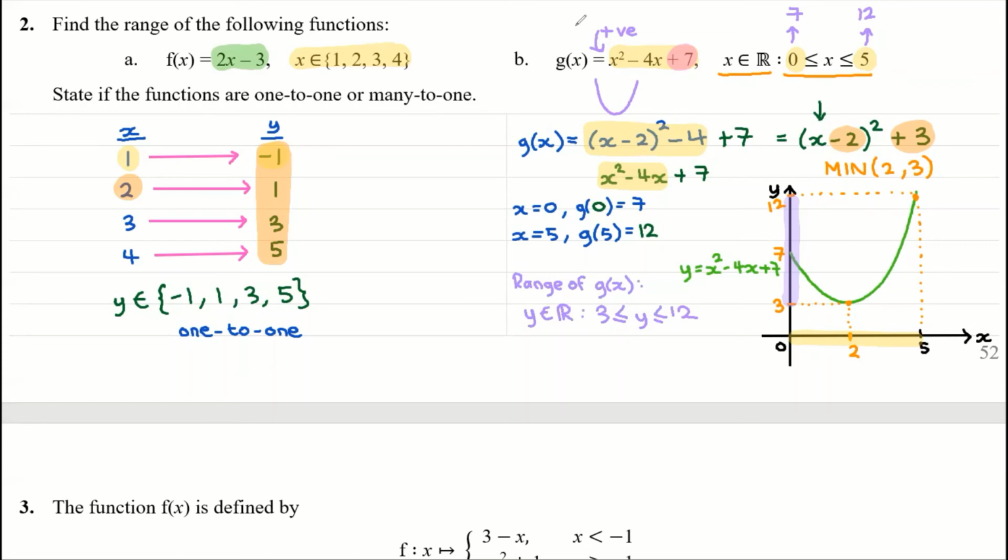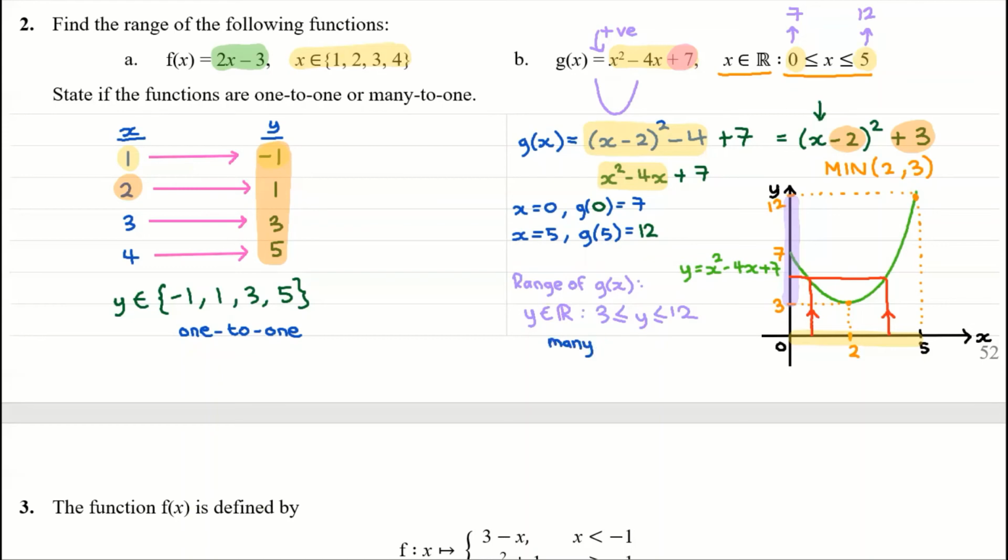If I pick some y value between 3 and 7, as you can see here, all right, clearly, if I read off from x to y, so if I put the arrows going that way, you can see that we have two distinct x values that go to the same y value. So this is what we would call a many-to-one mapping. So this is a many-to-one.